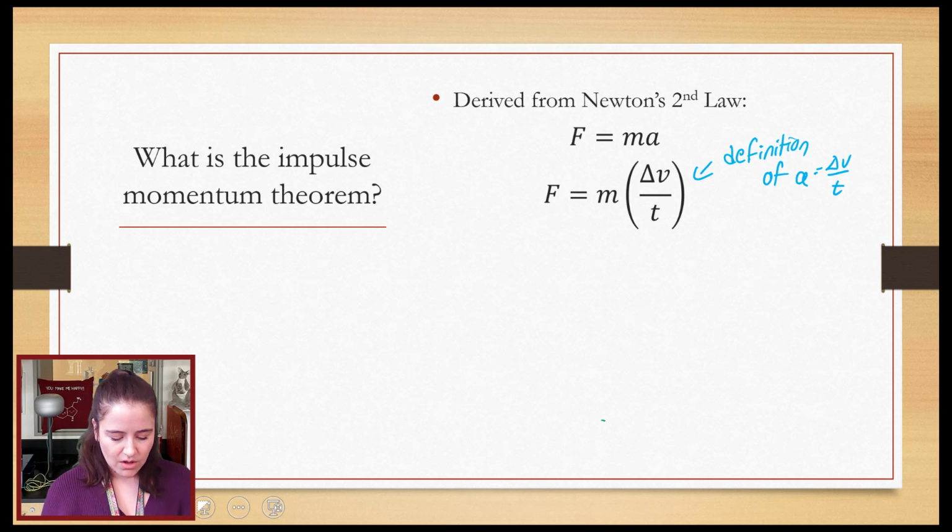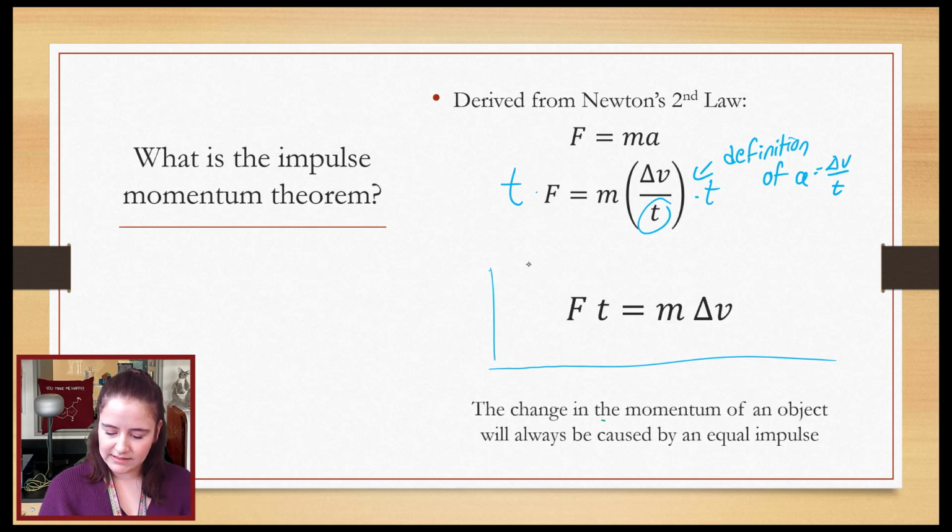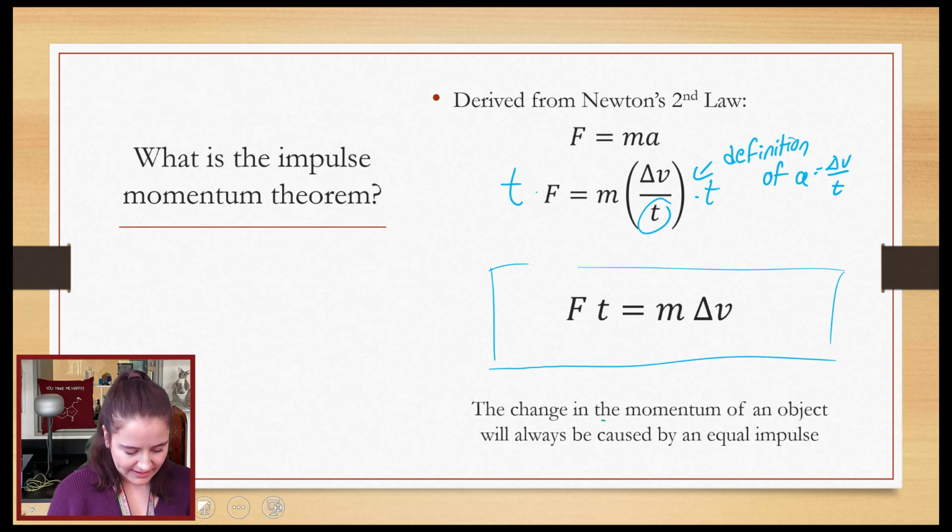And then if we multiply by time on this side and time on this side, we get this equation: force times time equals mass times change in velocity. And this is the impulse momentum theorem.